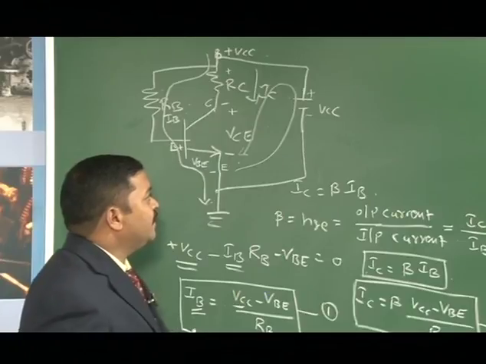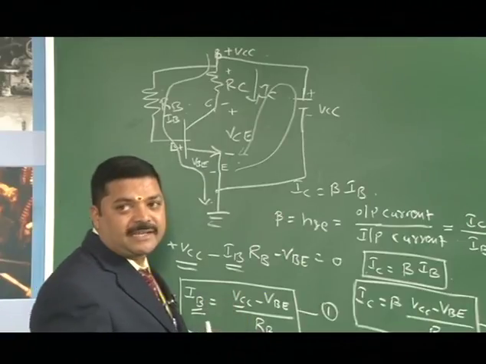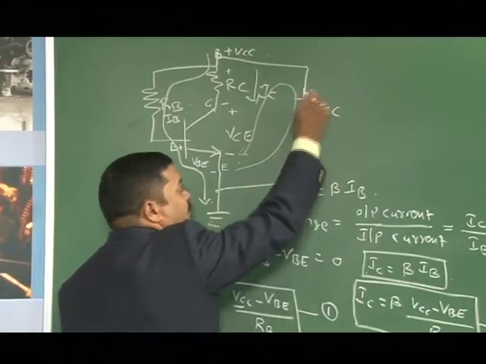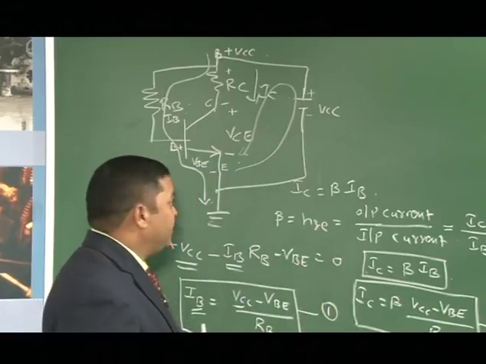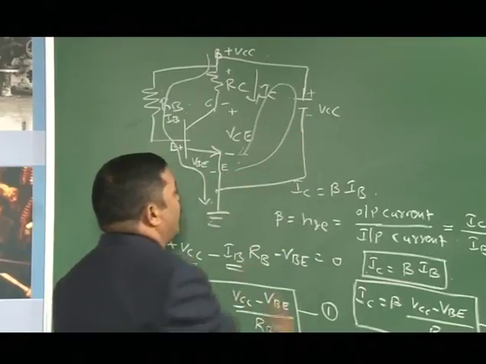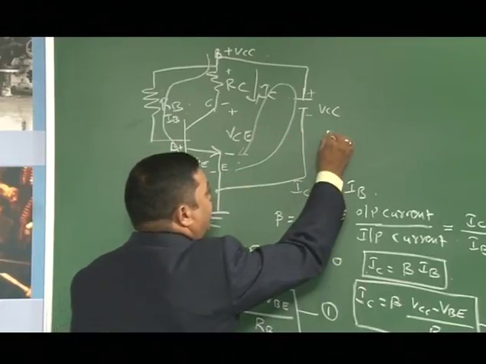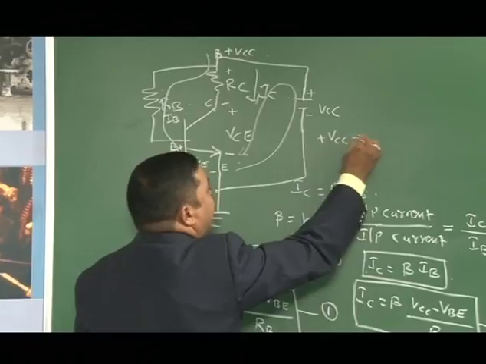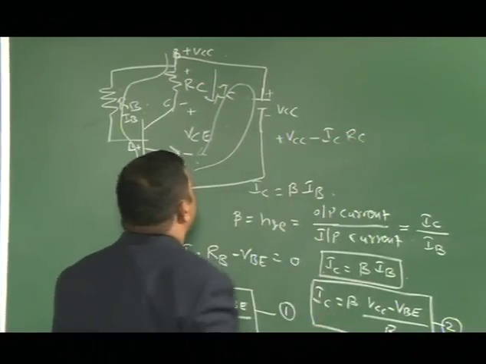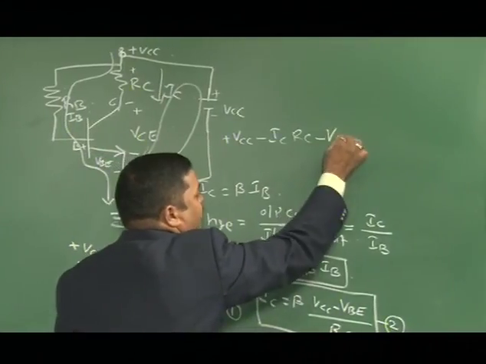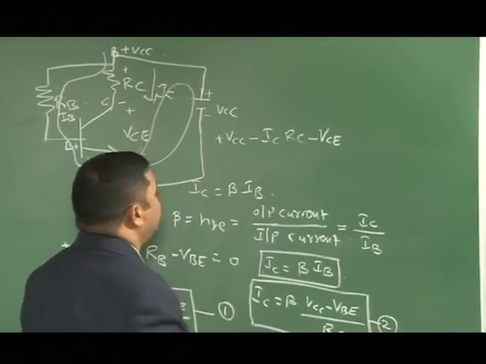Even if you assume the reverse direction, minus to plus you can take as negative and plus to minus as positive. Therefore, applying KVL to the output loop, we get plus VCC minus IC into RC minus VCE is equal to 0.